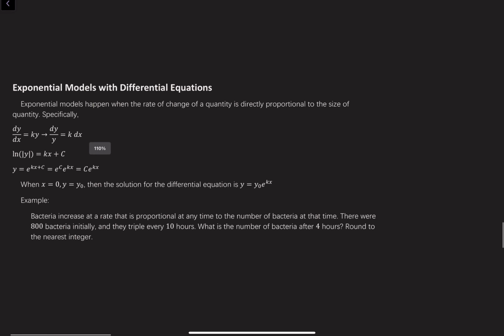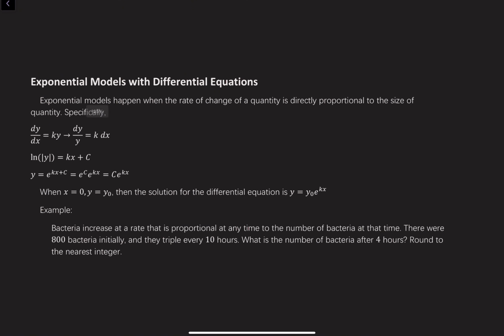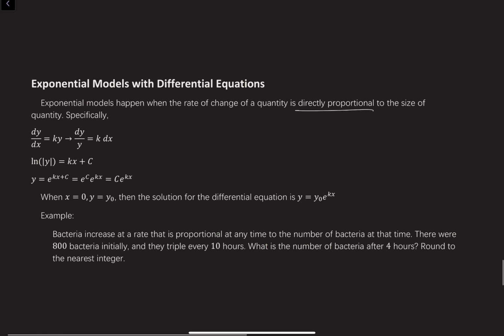And lastly, let's talk about exponential models. You might have already learned this in your algebra class, but basically what's happening is that the rate of change is directly proportional to the size of the quantity. Note that directly proportional means that dy/dx equal to ky.